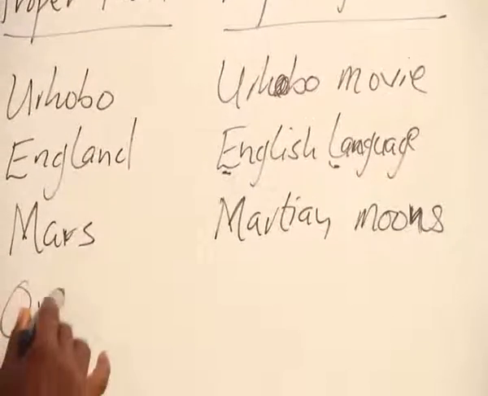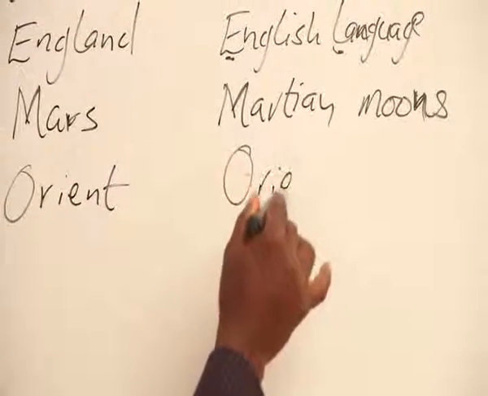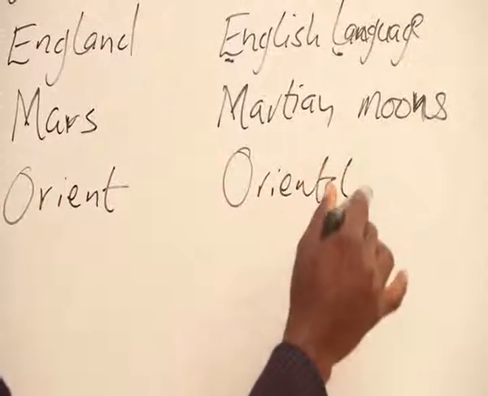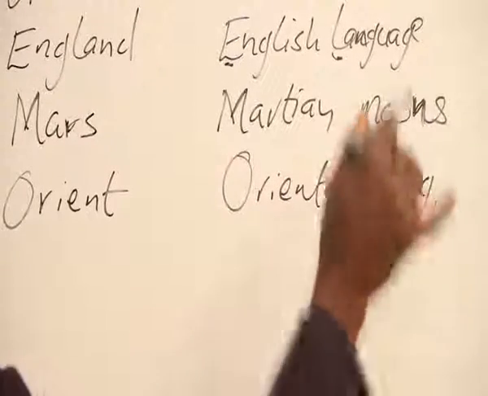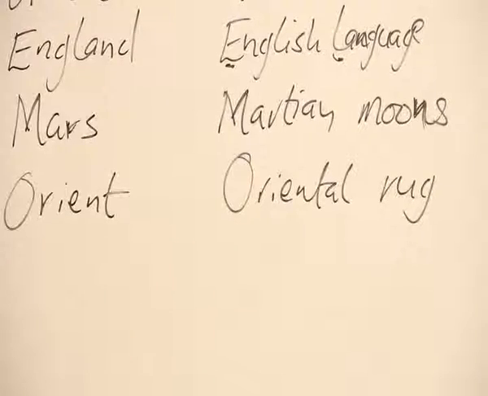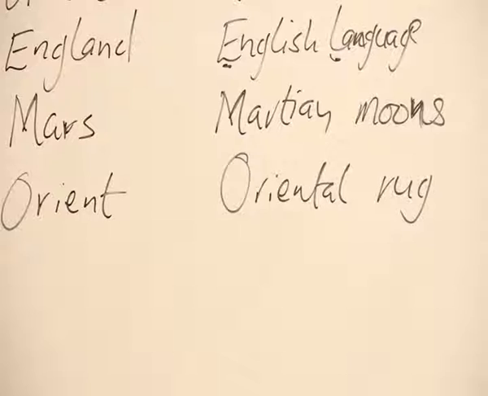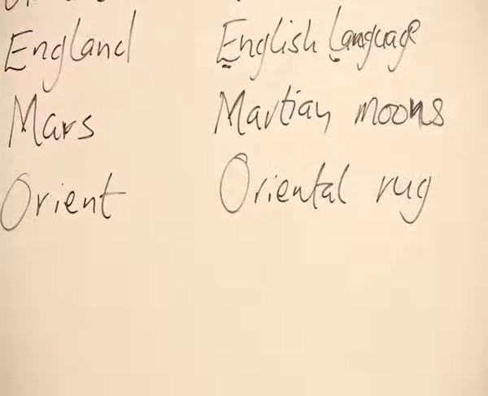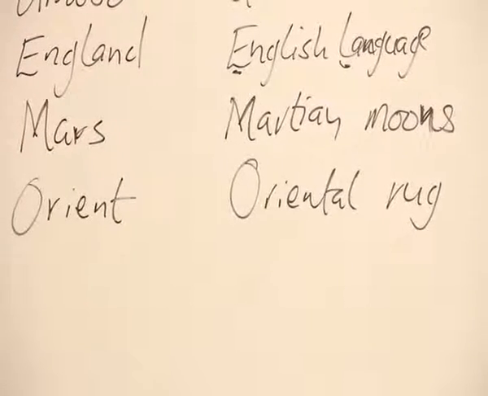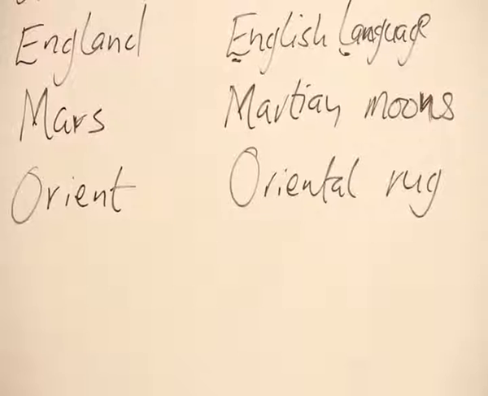Let's add another one, Orient, and then we'll have Oriental. Oriental rug. On the right you have an adjective, on the left you have the noun. So when you are forming a proper adjective from a proper noun, you will still have to capitalize the first letter of the proper adjective.